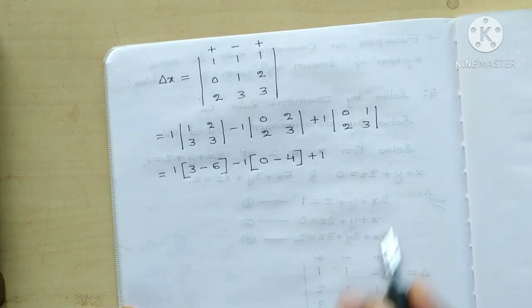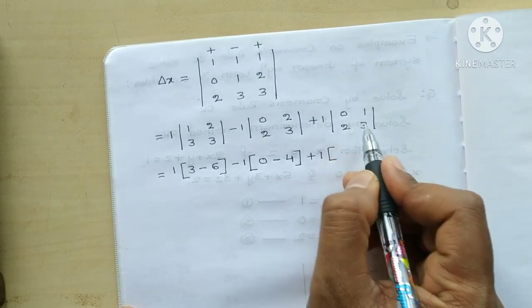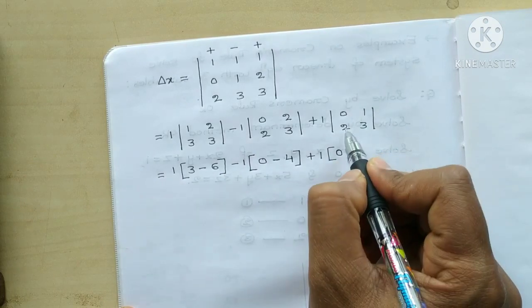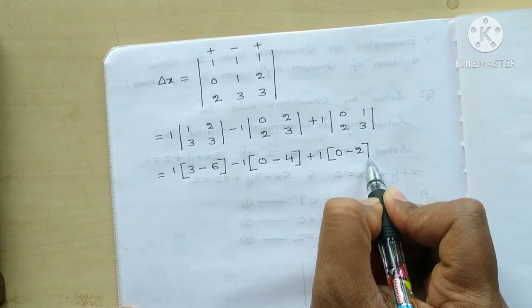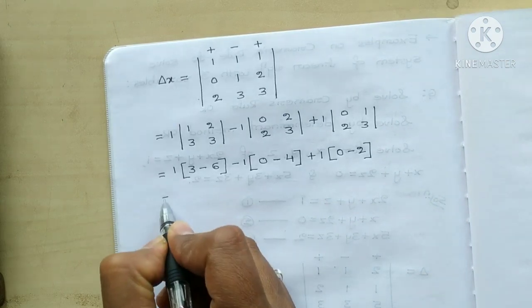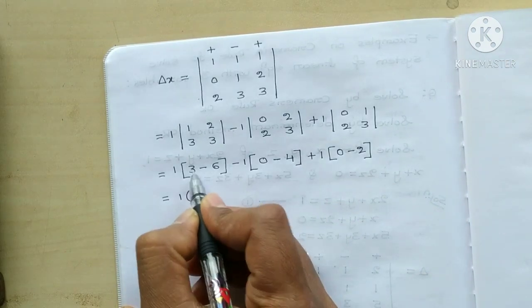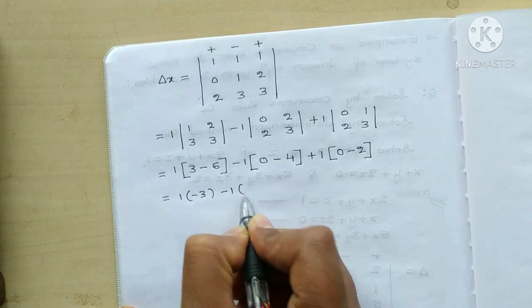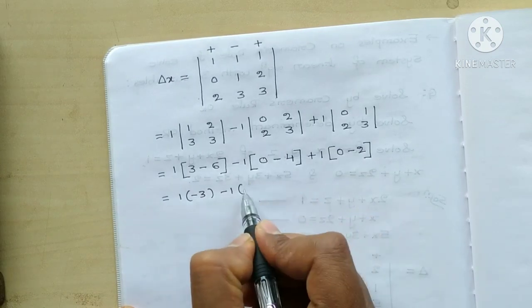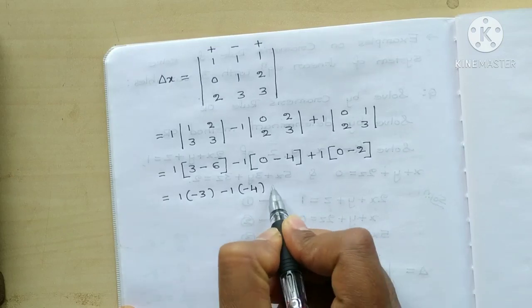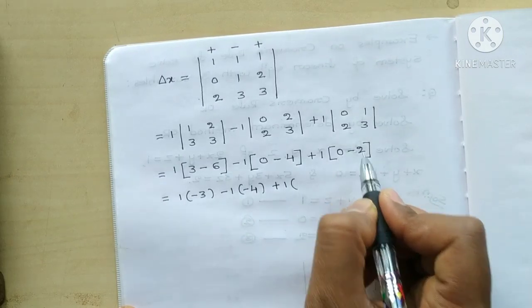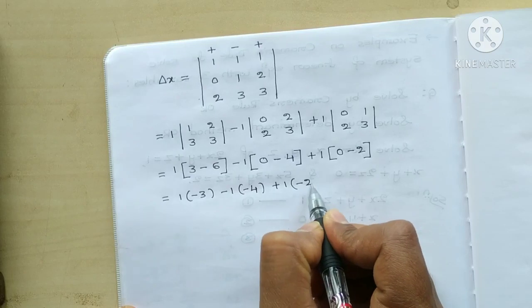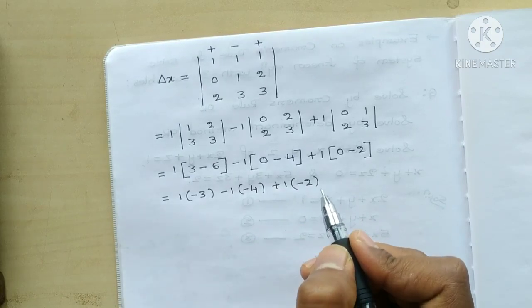Next, plus 1 into, again 0 into 3 is 0 minus 2 into 1 is 2. So which is equals to 1 into bracket 3 minus 6 is minus 3, minus 1 into 0 minus 4 is minus 4, plus 1 into 0 minus 2 is minus 2.